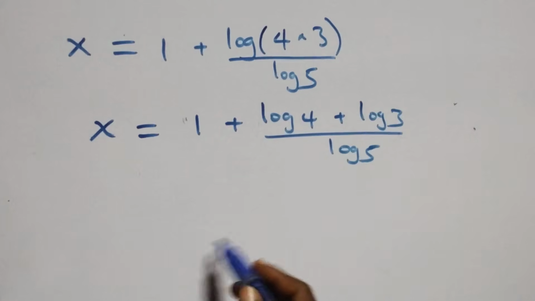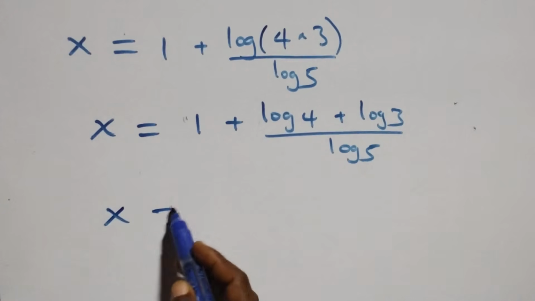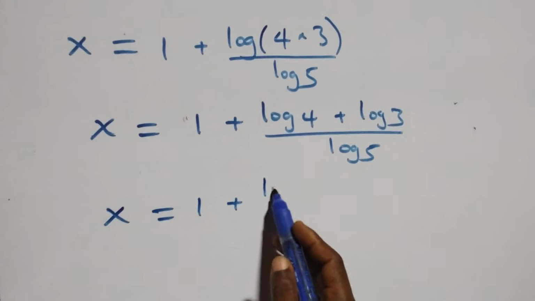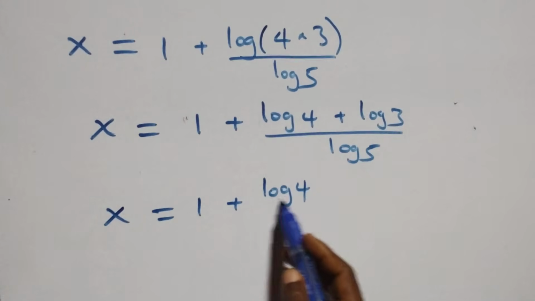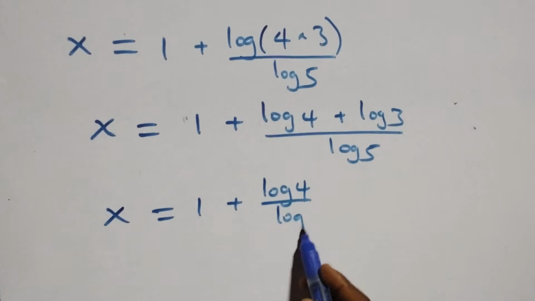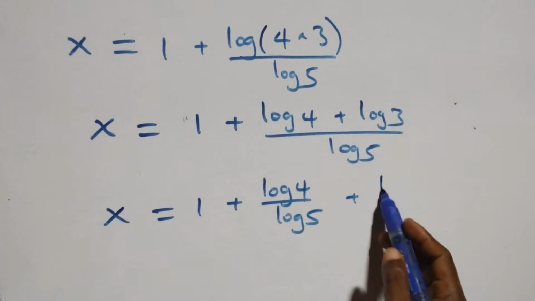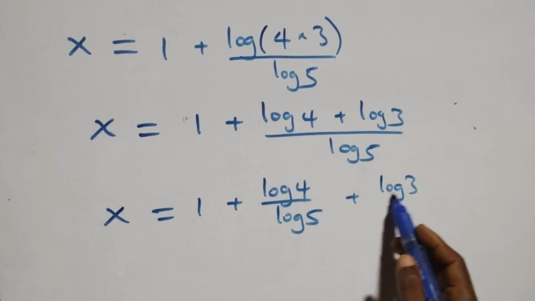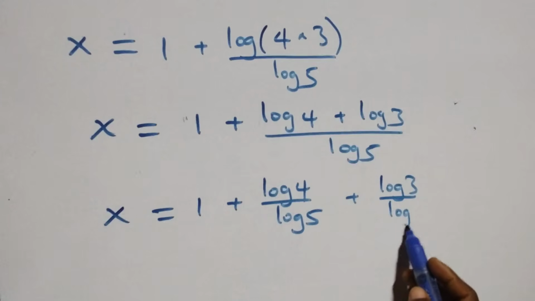Then we separate it into two fractions, and we have x equals 1 plus log 4 over log 5 plus log 3 over log 5.